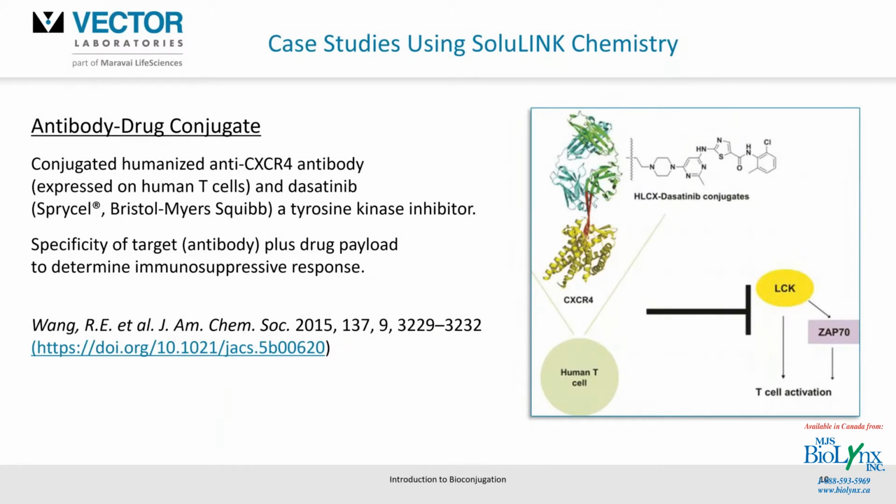The first case study I've got here is using an antibody drug conjugate. Essentially some investigators conjugated a humanized antibody to a given drug. Let me work from this particular image on the right-hand side. We've got a human T cell here that expresses this particular antigen, CXCR4.